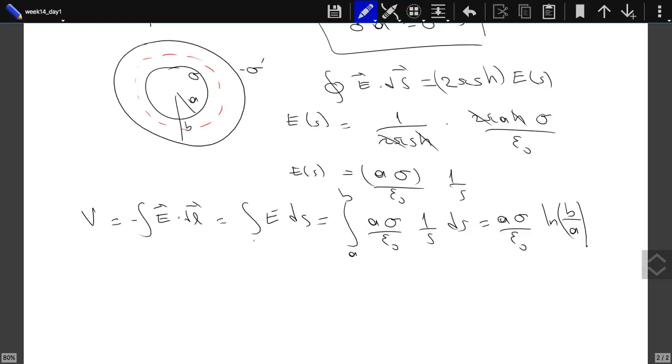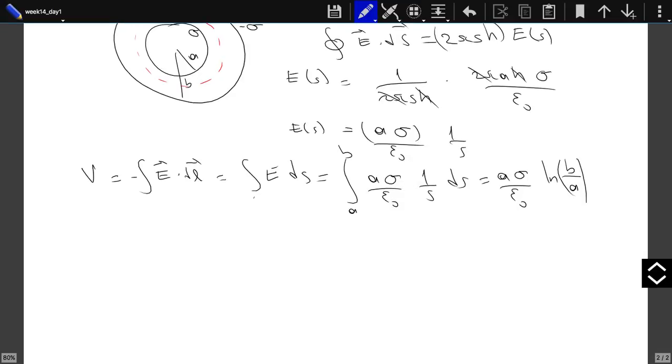So by knowing A, B, and V, I can determine what sigma should be. But I will not need it actually.